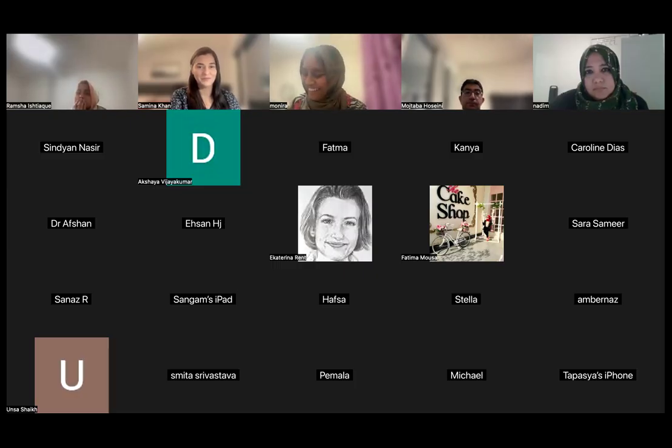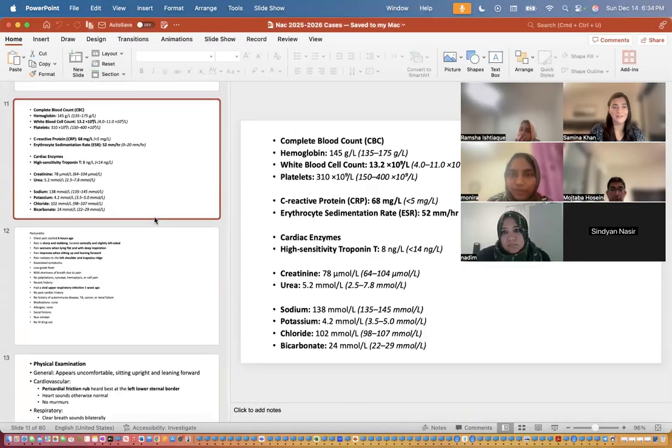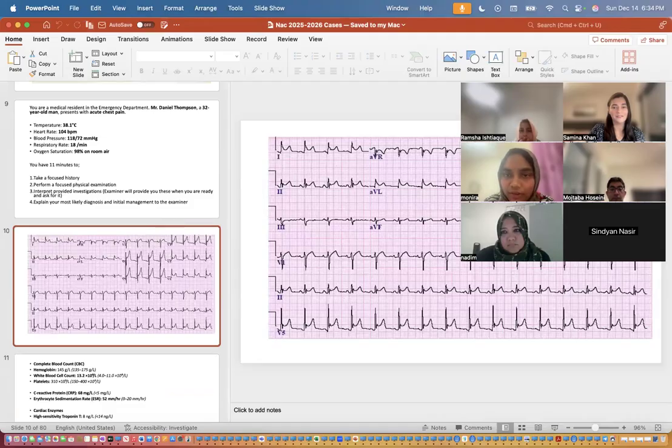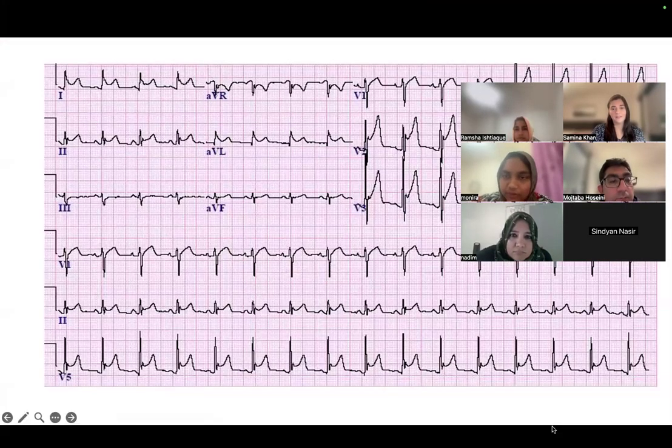Okay. So on management of this patient, I would like to give the patient... okay, this patient is taking the antibiotics. So, there are some lab work back that you can have a look at.